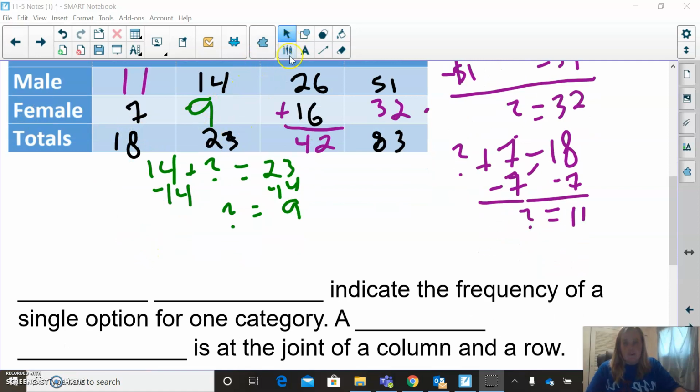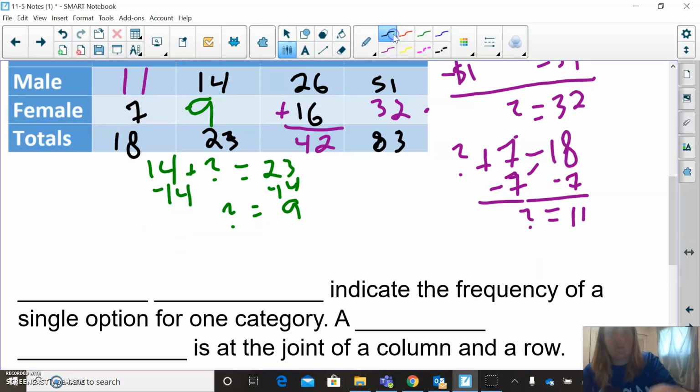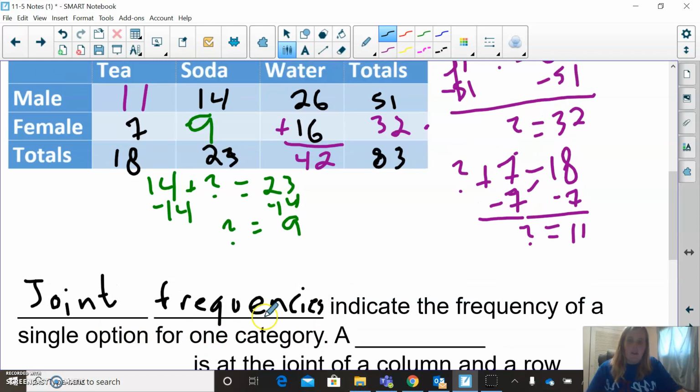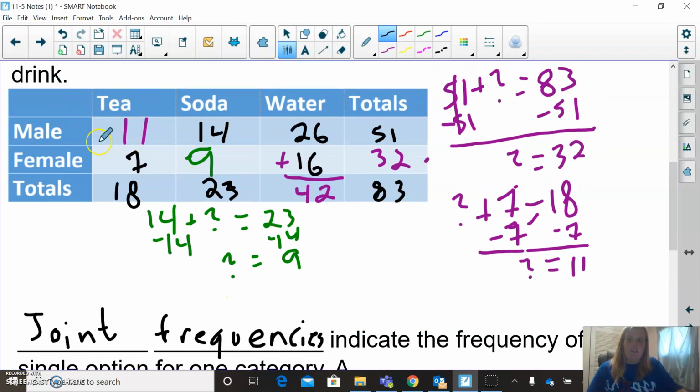Joint frequency. Okay. Joint frequencies. Excuse me. Joint frequencies indicate the frequency of a single option for one category. Okay, so it would be like males that chose tea.